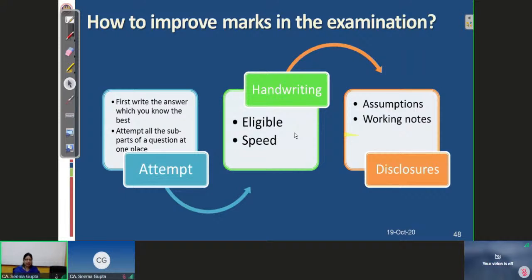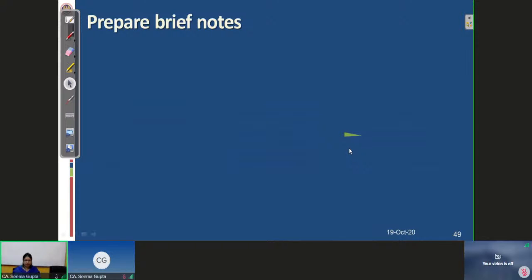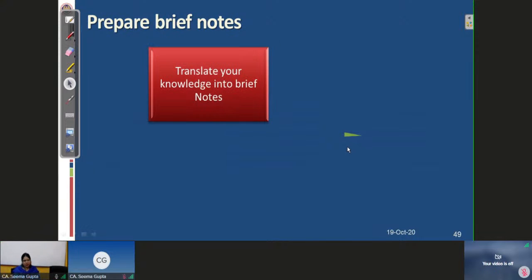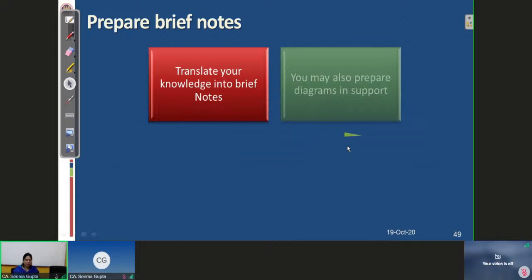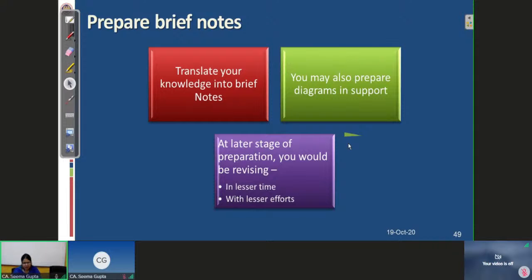That is the complete mantra, if you want to call it that. Prepare brief notes if you desire to make them about accounting standards or something like that. But in practical papers like accounting, I would say only a few topics would require your notes. Otherwise, you can manage. It depends on the individual. If any individual wants to revise at a later stage of preparation, then he or she can make notes. Otherwise, ignore.